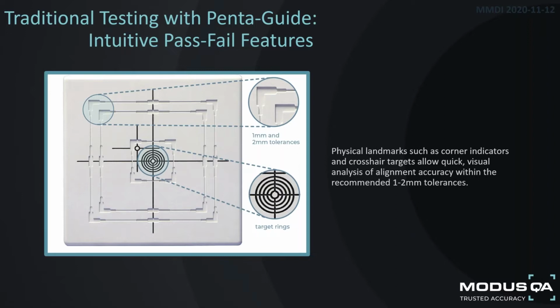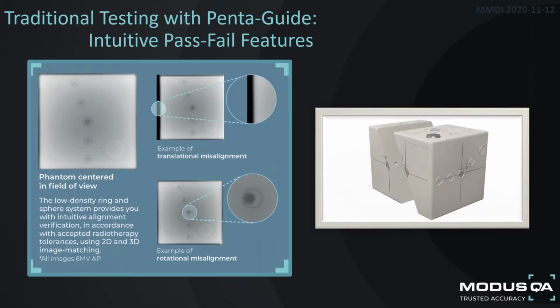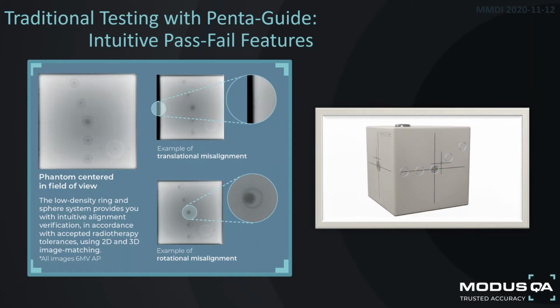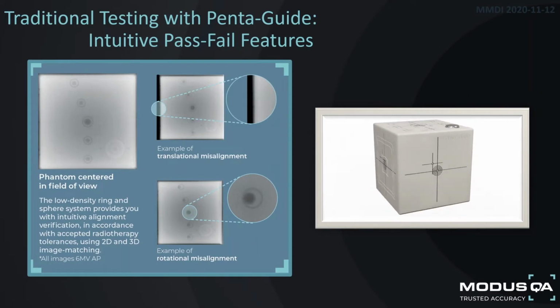So the corners as well as the field borders have 1 millimeter and 2 millimeter channels that are inscribed to indicate where your light field is falling if it is out of tolerance. And the isocenter itself has 1 millimeter target circles that indicate the amount of discrepancy you're finding in your laser alignment. So in addition to those exterior features, the internal design of the Phantom provides intuitive imaging assessment as well.